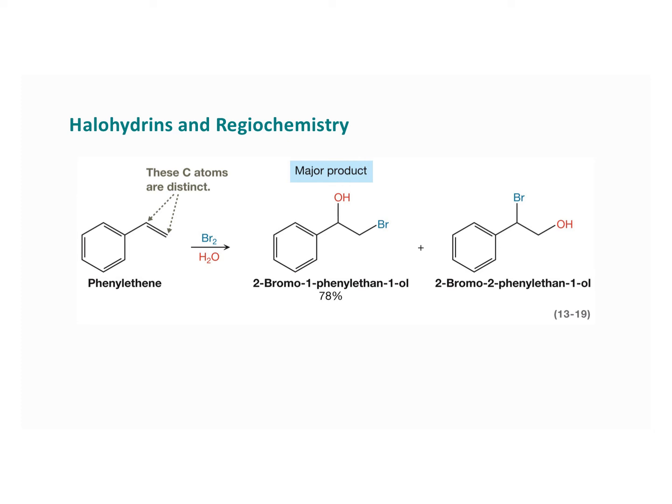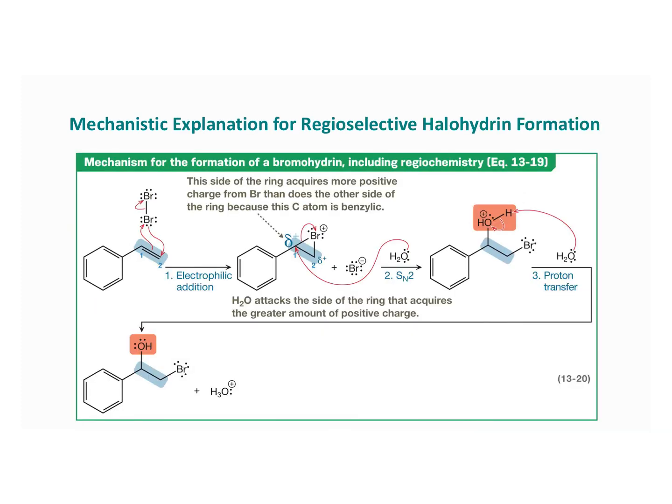Well, the answer is really in the mechanism. If we look at this mechanism, one of the things I do want you to get used to is reading mechanisms when they're written out. So when we look at this mechanism, these electrons attack here and these electrons go back here, and these electrons go back up on the bromine. When this undergoes electrophilic addition, this water is going to come in and attack on this side of the ring.